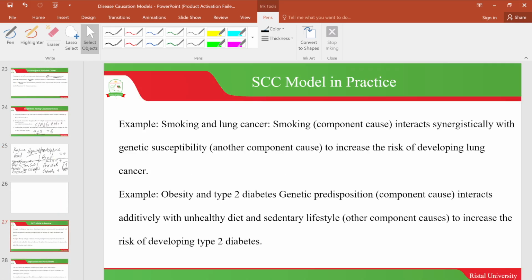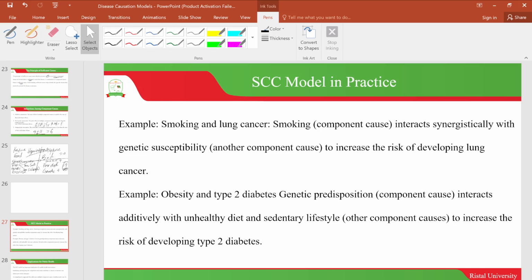So we can apply that sufficient component cause model in looking at different behavioral practices or lifestyle practices that can impact on health. We see that a person who smokes and has a genetic predisposition is likely to have a synergistic interaction and is likely to have the disease. The chances are very high.